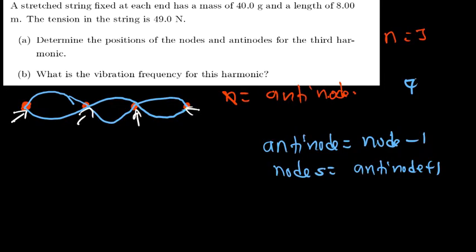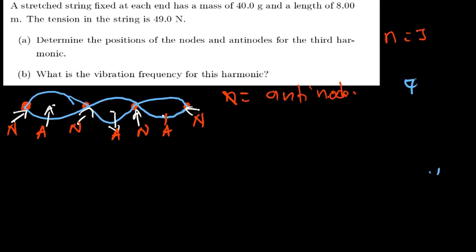Then this is antinode. So I'll put N here. This is A, N, A, N. Here I'm supposed to put A, which is antinode. Then this one is N, which is node. So if n is equal to 3, we have got 3 antinodes, and for sure here we have got 1, 2, 3, for the third harmonic.